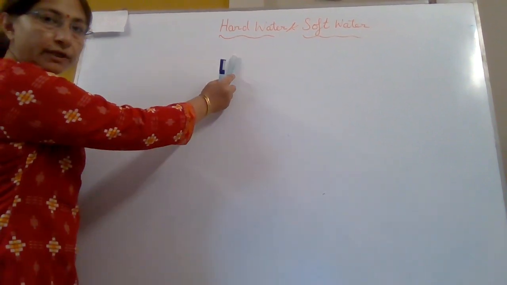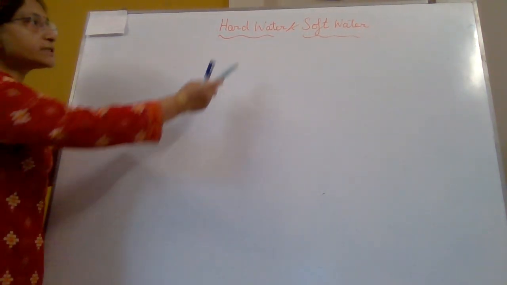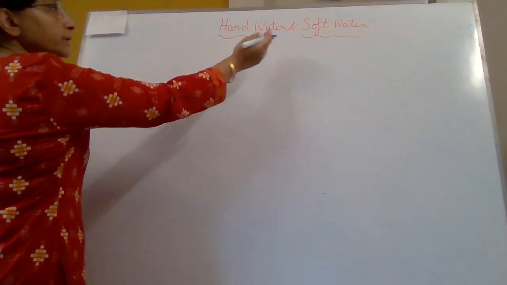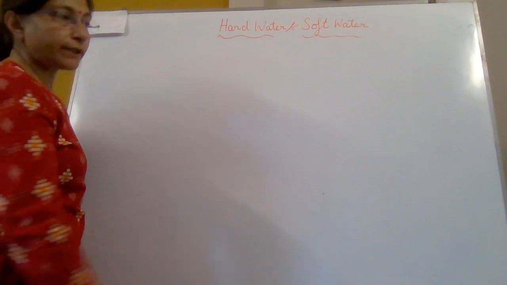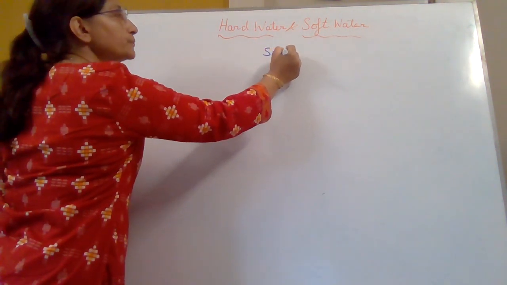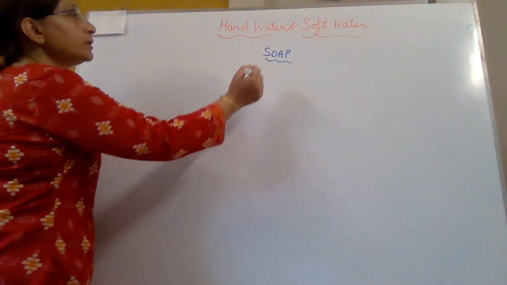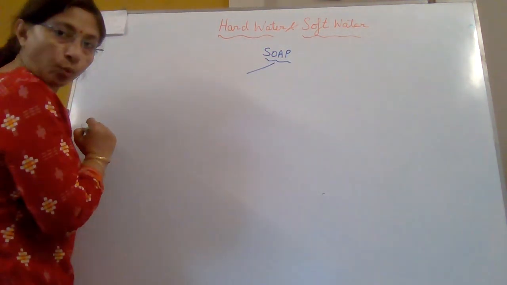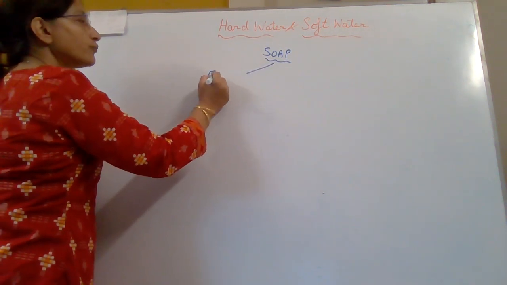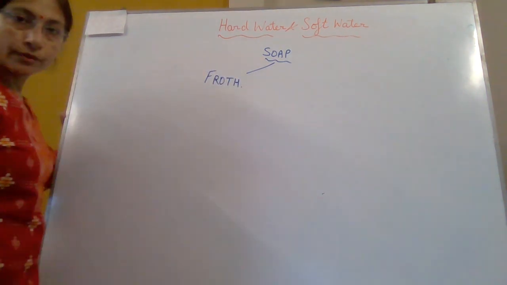The next topic is hard water and soft water. Now what is hard and soft water? The definition will be more clear when we read it in terms of soap. The simple definition: if the water with the soap produces froth, right?